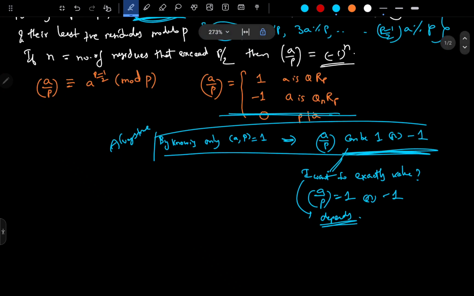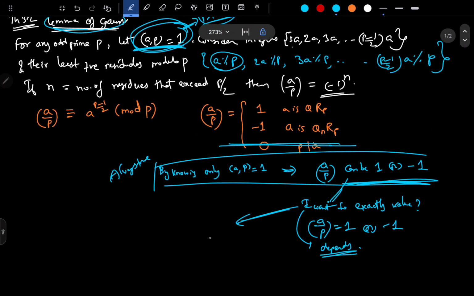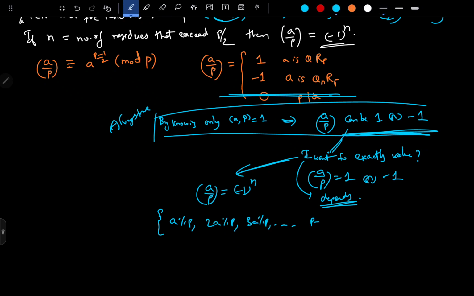But somehow, this is the beauty of the theorem, the lemma of Gauss. It says that (a by p) is definitely equal to (minus 1) to the power n. What is n? Consider this set and calculate all these values, up to ((p minus 1) by 2) times a modulo p.